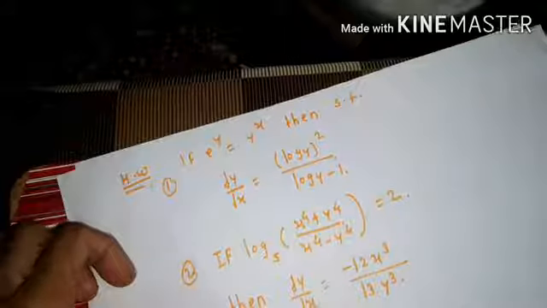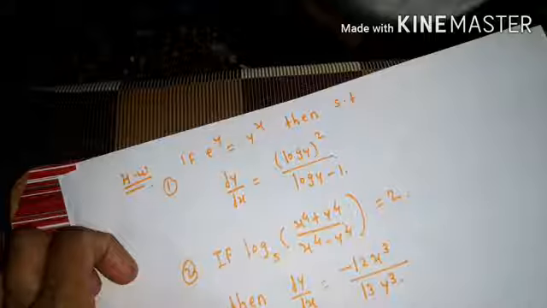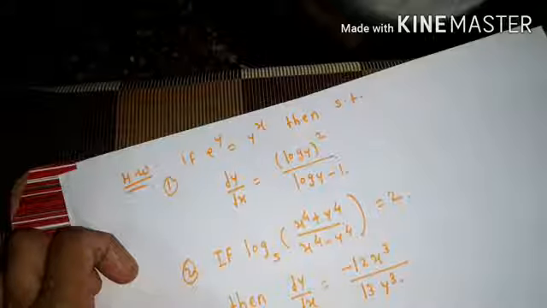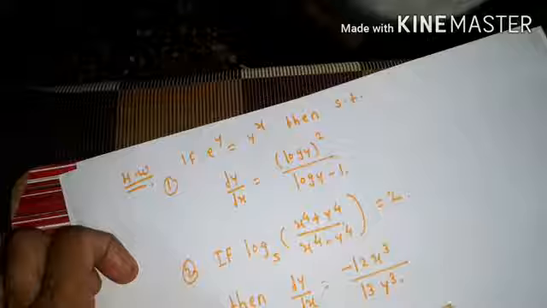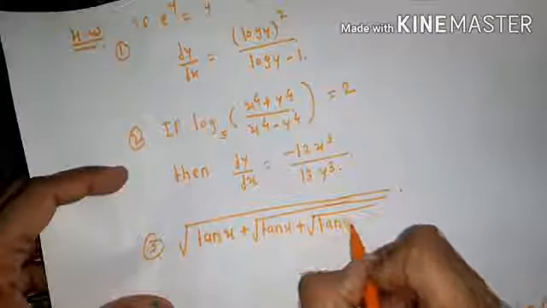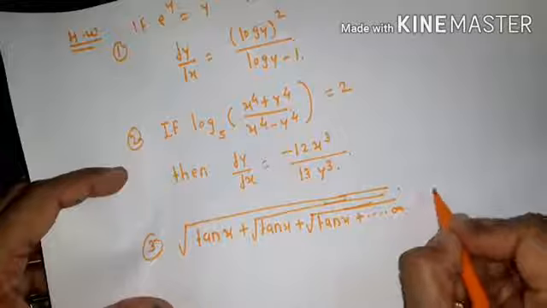Again, take one more example that is also very easy, but for practice, take down: tan of x plus square root of tan of x plus square root of tan of x plus up to infinity equal to y.